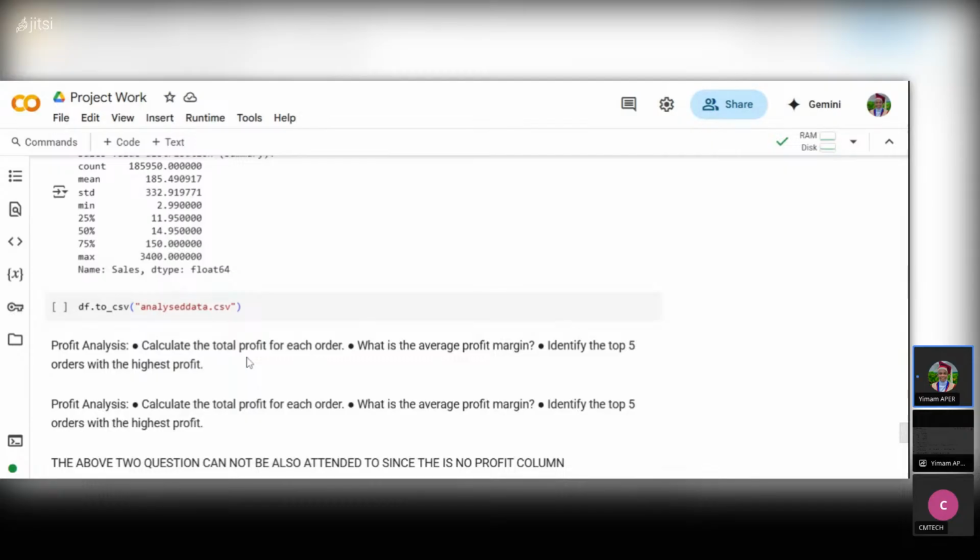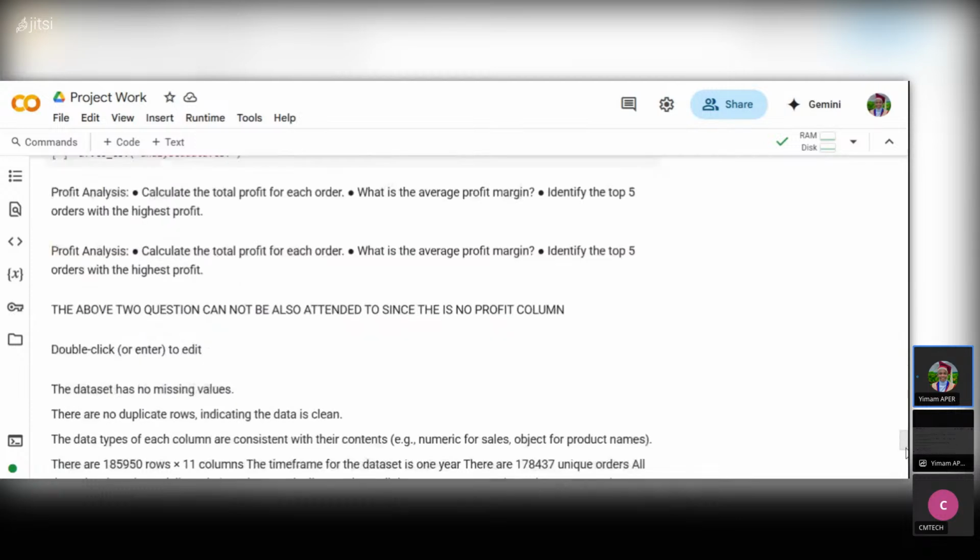For you to answer this question, you need to have information like the selling cost and the cost price for you to know the profit. Since they were both not made available, it was not possible for me to answer that question also.